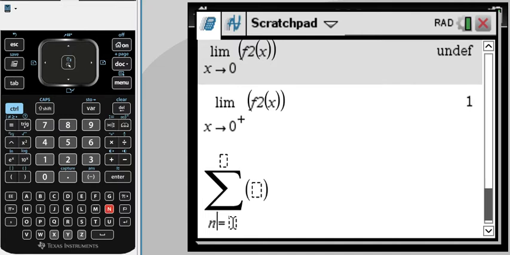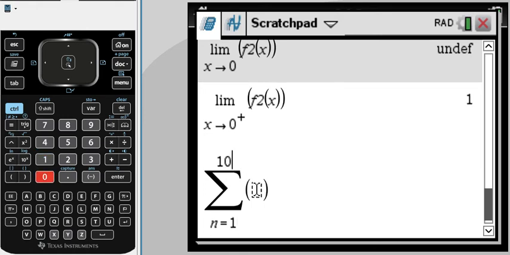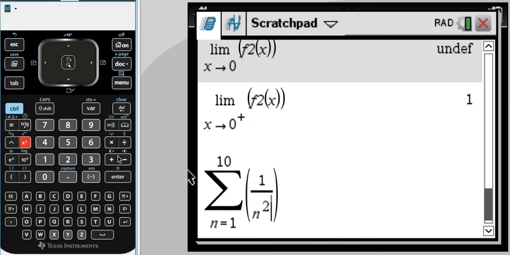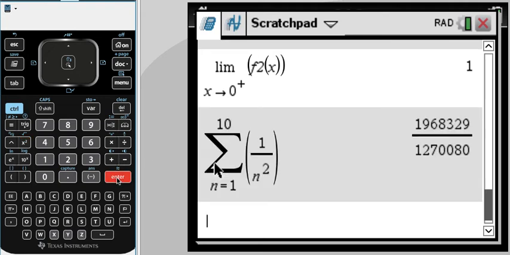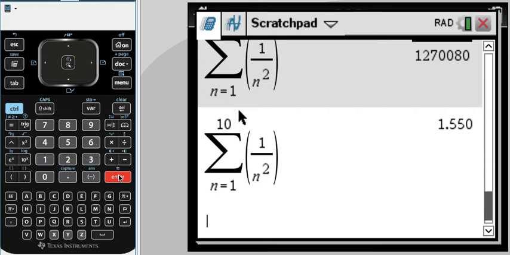I'm going to do n goes from 1 to 10 of, remember n is now my variable, so let's do 1 over n squared. And I can hit enter and just see what that is. That's not a very nice number. I might want to see that as a decimal. All I need to do is hit it again and I can see it as a decimal.